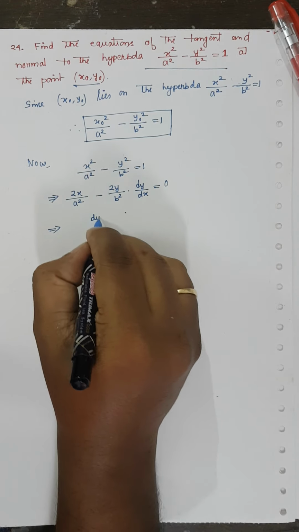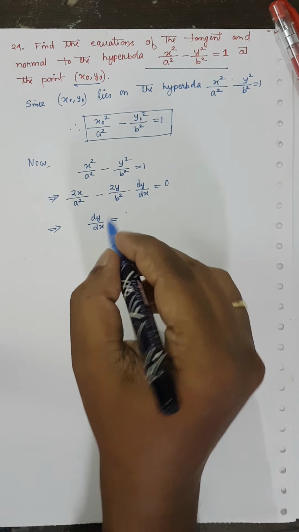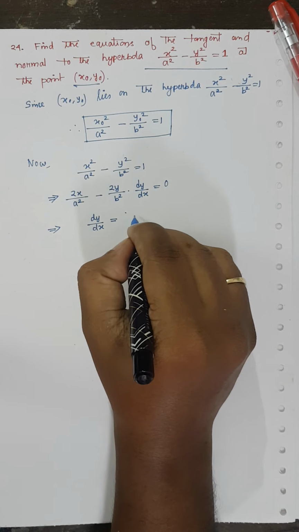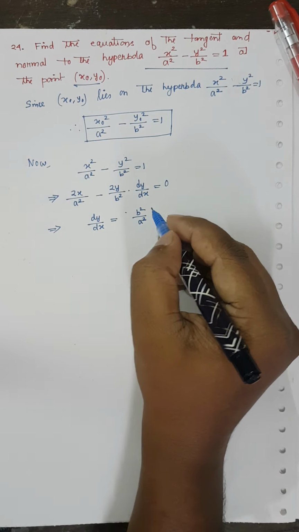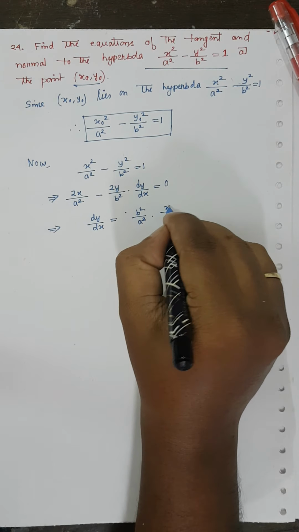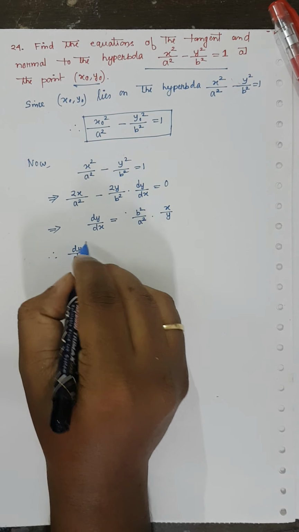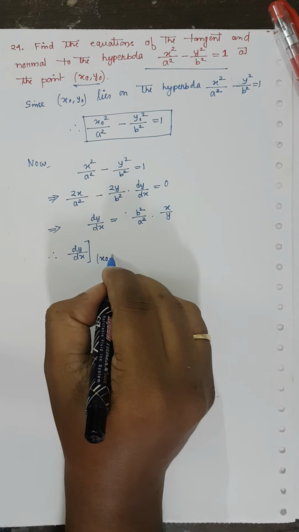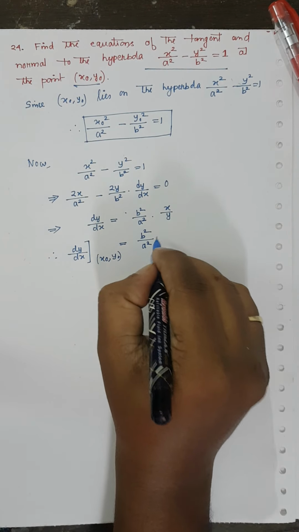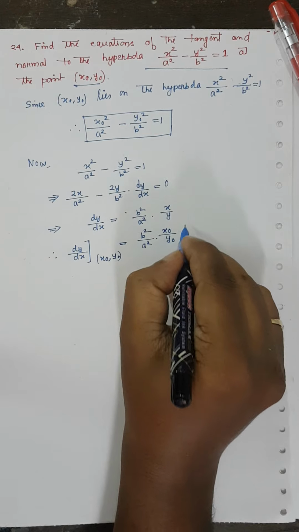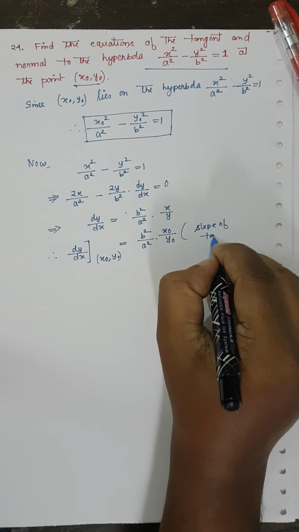Now, dy by dx, if you simplify it, is equal to b square by a square into x by y. Therefore, the value of dy by dx at the point x naught, y naught is equal to b square by a square into x naught by y naught. This is the slope of the tangent.